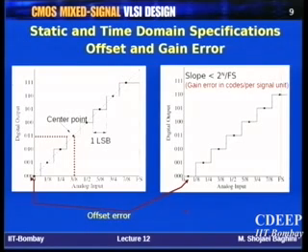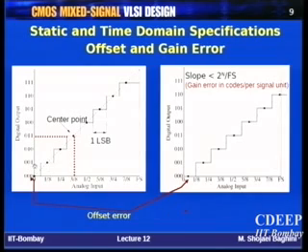Another effect would be gain error. Gain error in the sense that if you look at this line, eventually you consider it has a slope of 1. If you define 1 as, for example, 1 code per LSB, look at this particular line from 0 to 1.8.